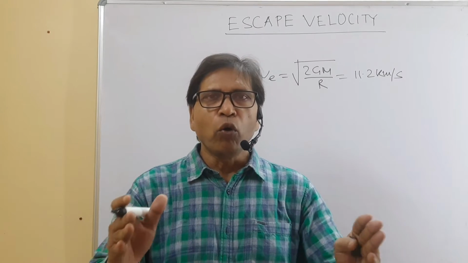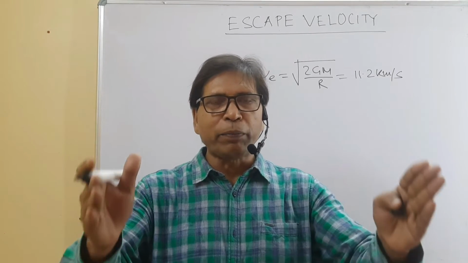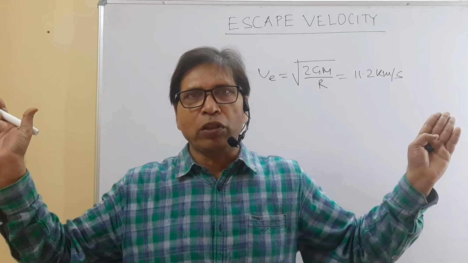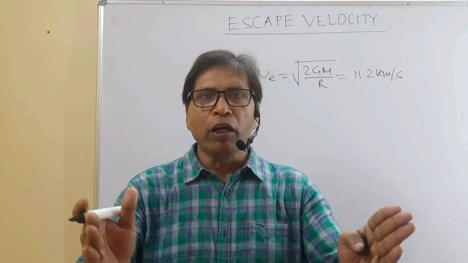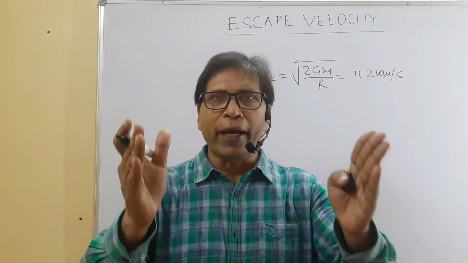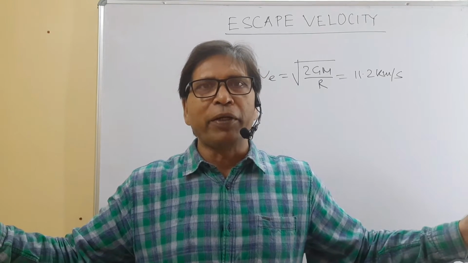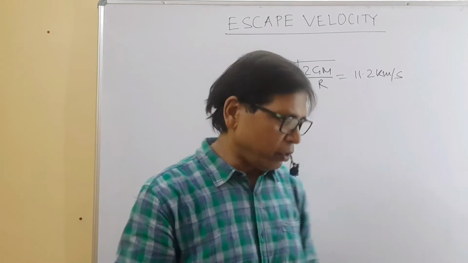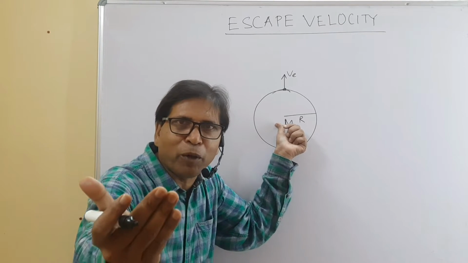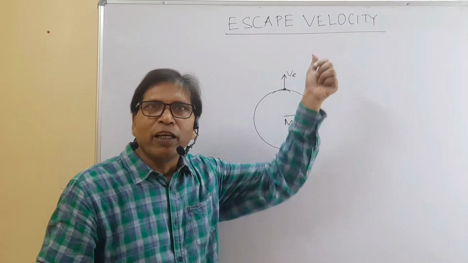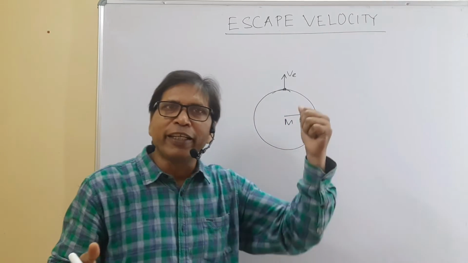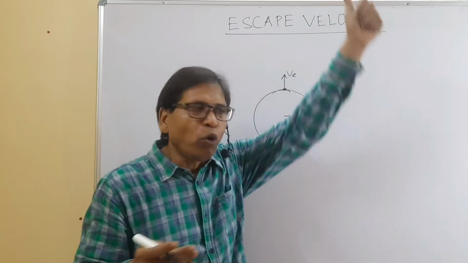Now, we have to derive the expression for escape velocity. It is obtained from the conservation of mechanical energy in the gravitational field. Suppose a body is projected from the Earth's surface with escape velocity v. Due to this velocity, it reaches infinity.